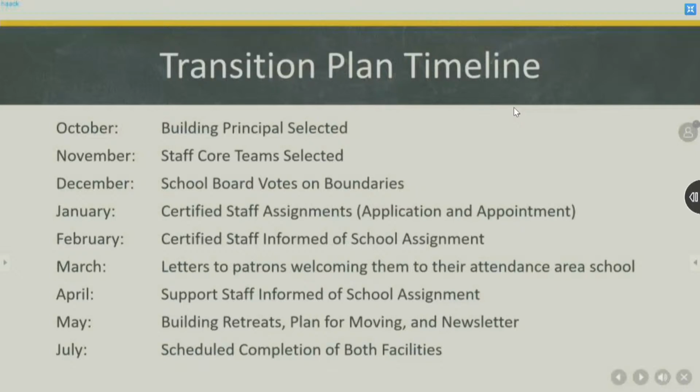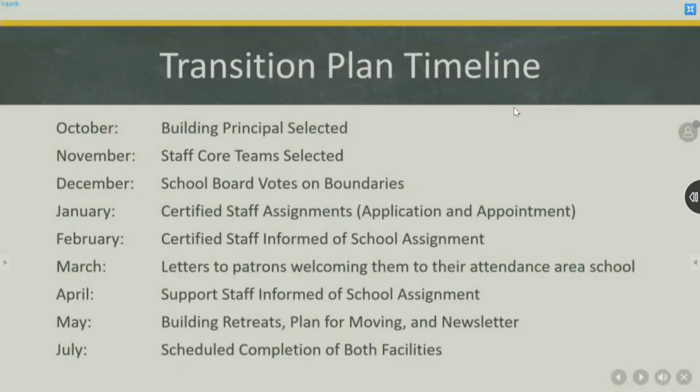That's a team of 5 to 8 teachers, and those leadership teams will start to plan for those schools. Certified staff, who's going there teacher to teacher, January and February. We notify everybody in the community when that is going to be by letter, and in April, support staff, and then we start moving into the building.